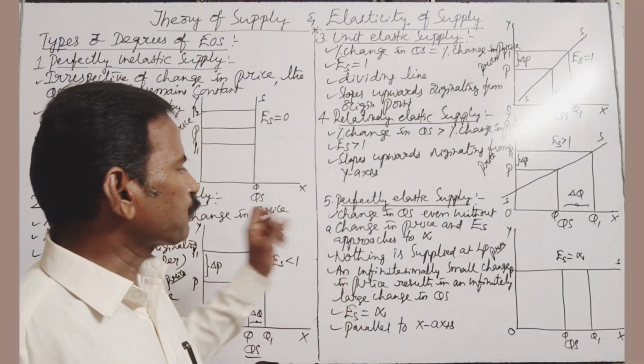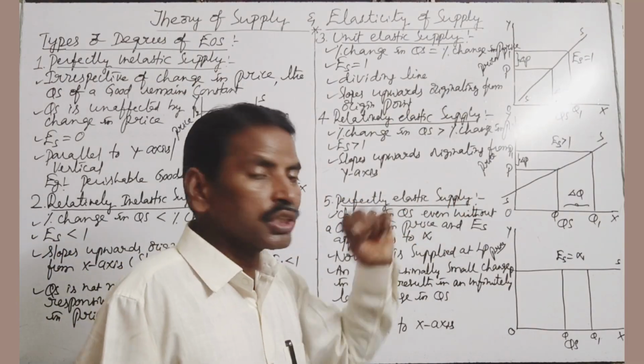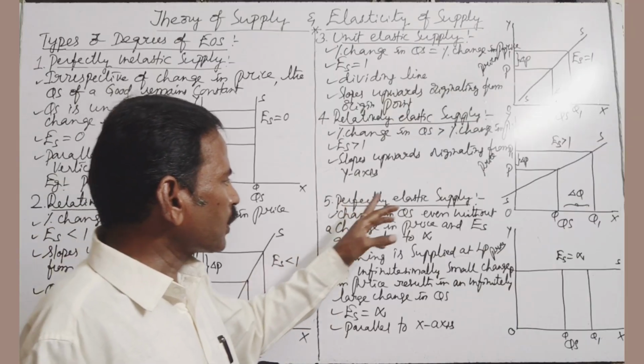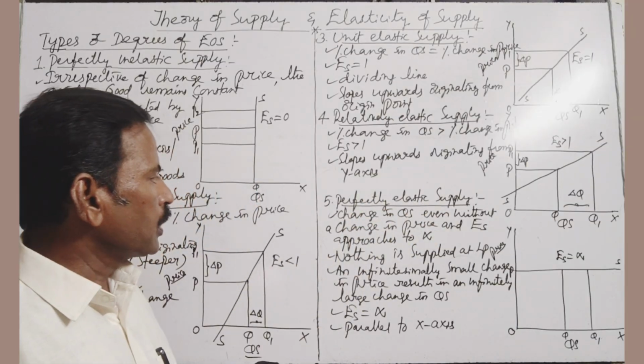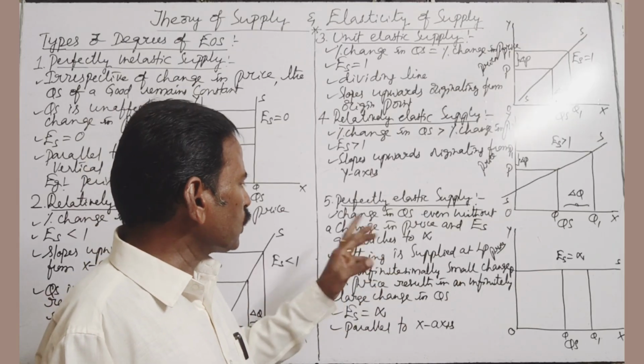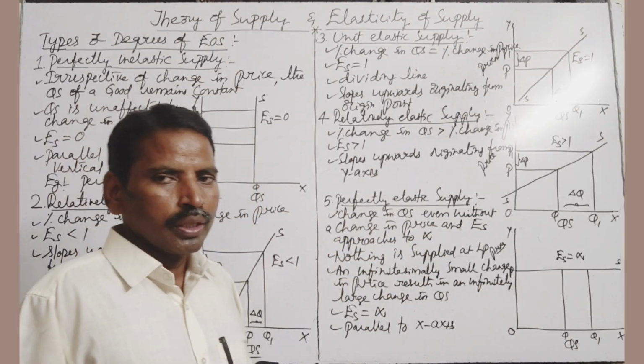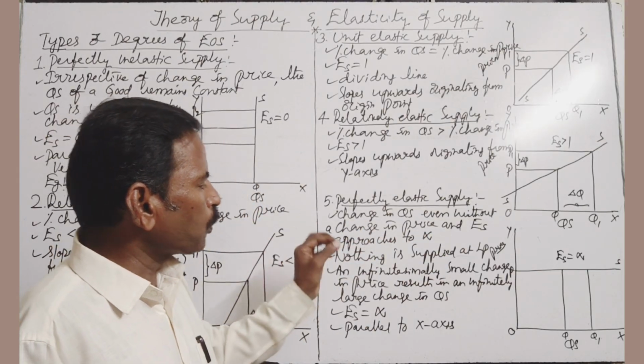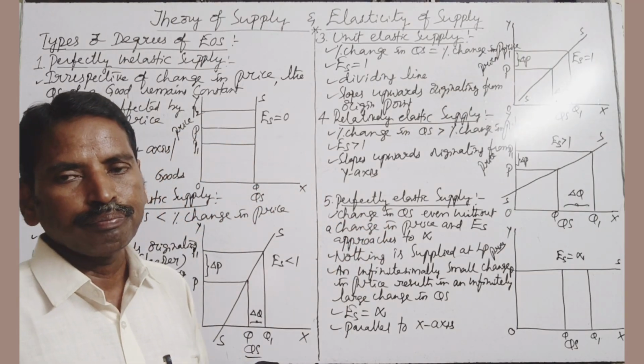Next, fifth one, perfectly elastic supply. Quantity supplied changes even without a change in price, and elasticity of supply approaches infinity.